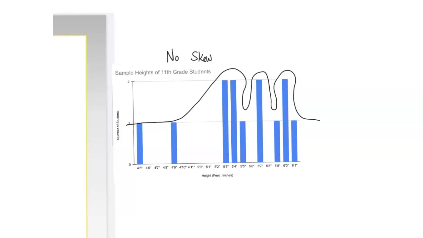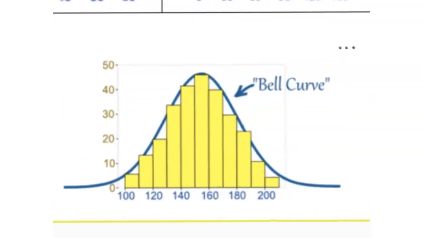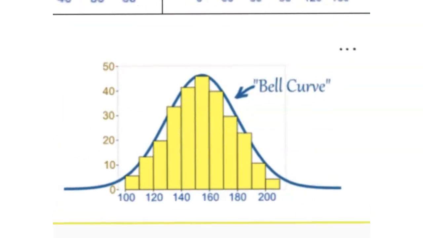Okay, but let's take a look at what's classified as normal distribution. Normal distribution is where we have no bias, left or right, and we have what is called a normal distribution. With our data, we're able to see exactly where our mean would fall, our median would fall, as well as our range.